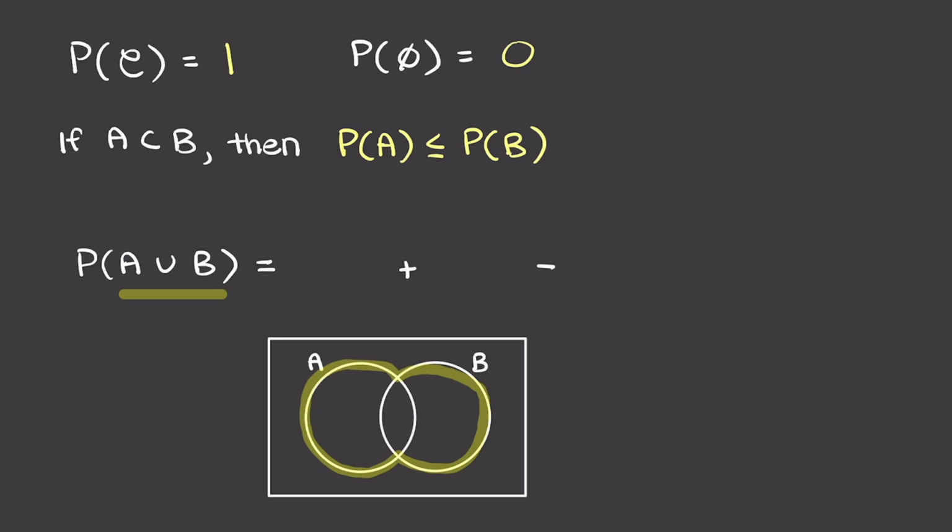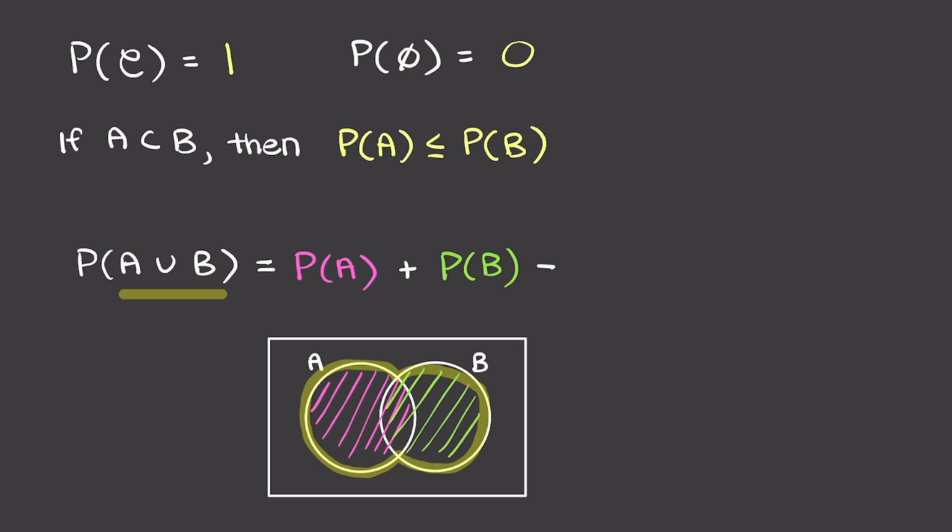So we can start with saying that the probability of A union B is the probability of A. So the probability of A is this whole portion. And we will add to that the probability of B. So that's this whole portion.